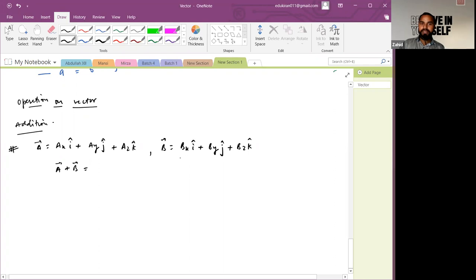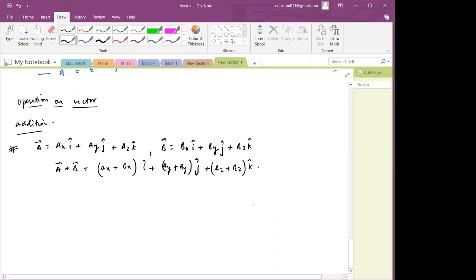Similarly in vector B, we have Bx as the X component. So on adding, Ax and Bx will combine together. Similarly Ay and By, and similarly Az plus Bz. Is it clear? Yes, sir.